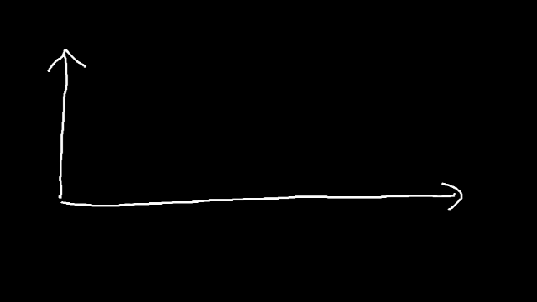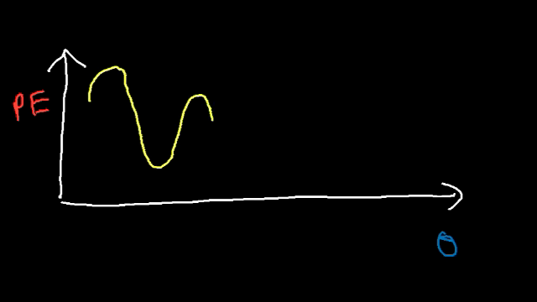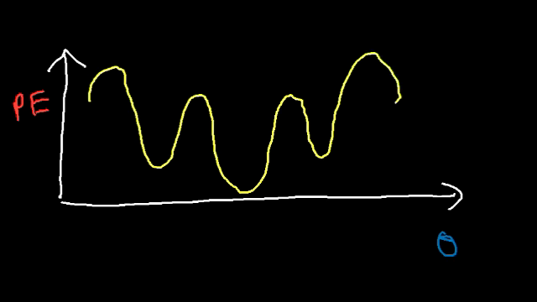Now let's draw an energy diagram for butane. On the y-axis, we're going to plot the potential energy of the molecule, and on the x-axis is going to be the dihedral angle. So the graph is going to look something like this. As the energy increases, whenever you increase the potential energy of a molecule, the stability decreases.